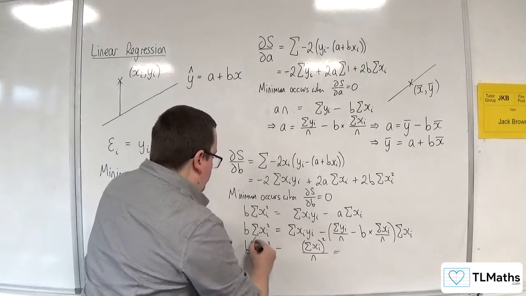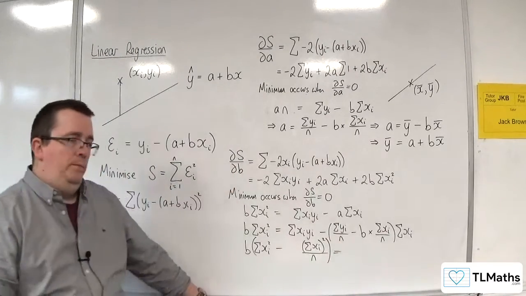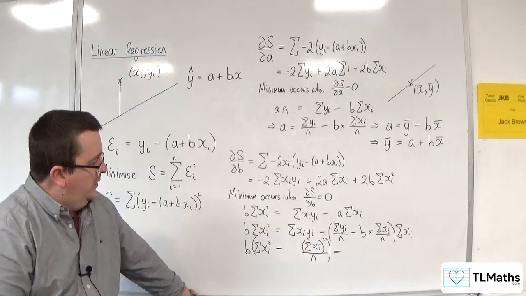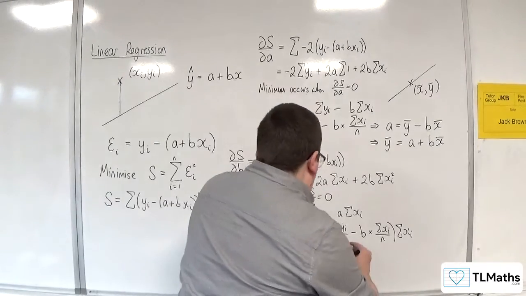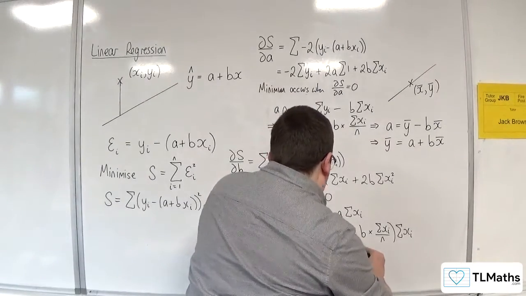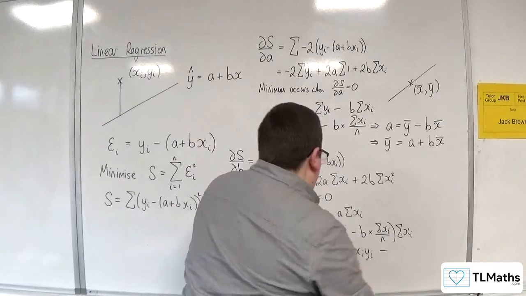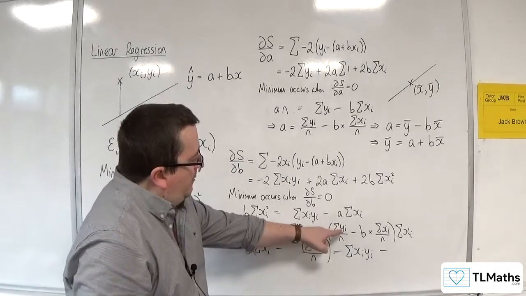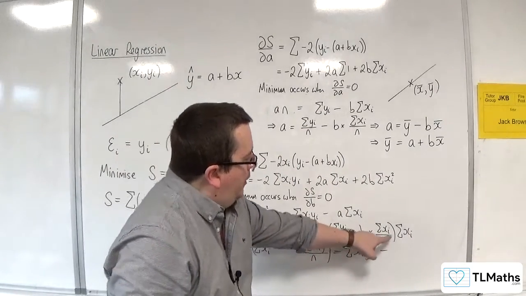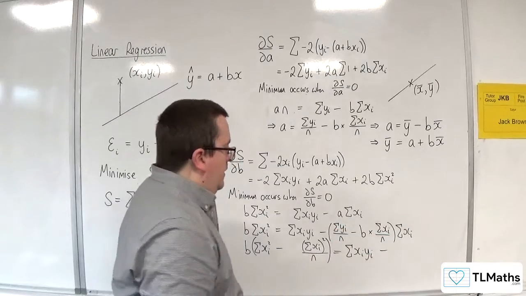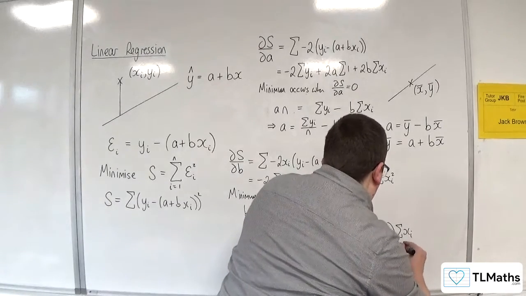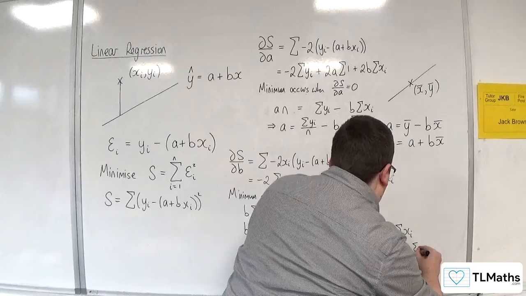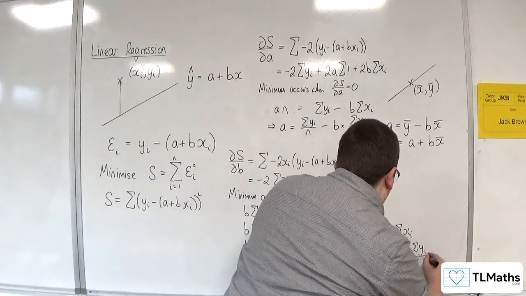Factor the b out, like so. And what I've got left on the right-hand side is the sum of xi yi take away the sum of yi over n times the sum of xi. So that's the sum of xi times the sum of yi over n.